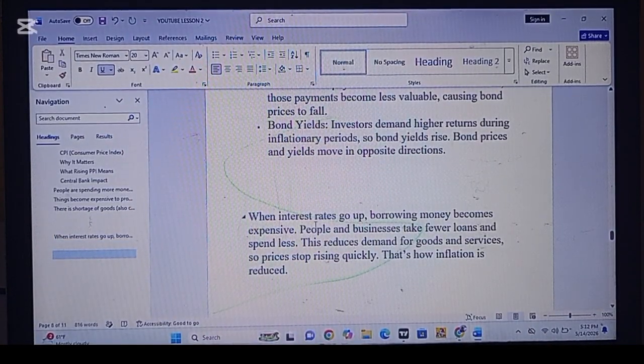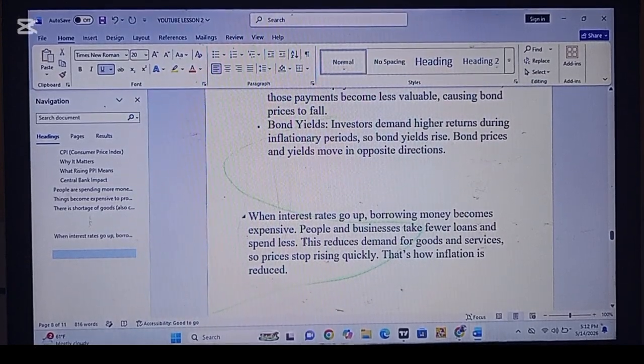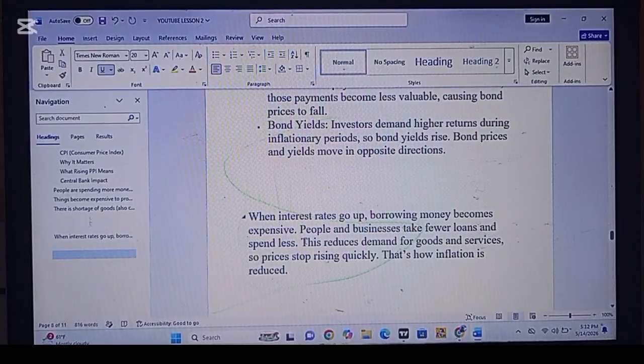When interest rates go up, borrowing money becomes expensive. This is why we are seeing the stocks of companies mostly hurt. Remember, the central banks must come in to control the situation in the economy to bring balance. And how do they bring balance when there's a high cost of inflation?